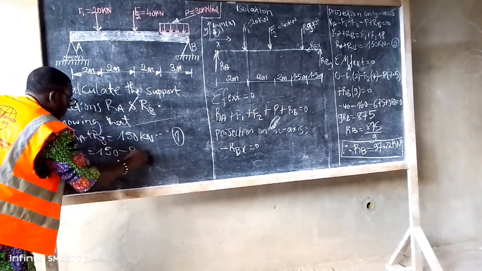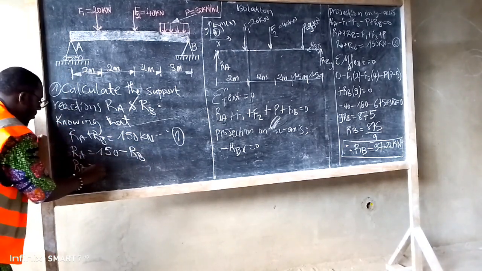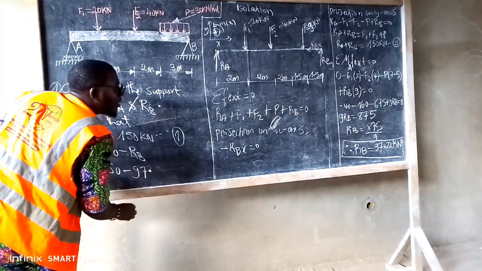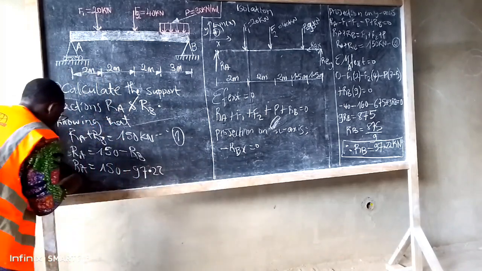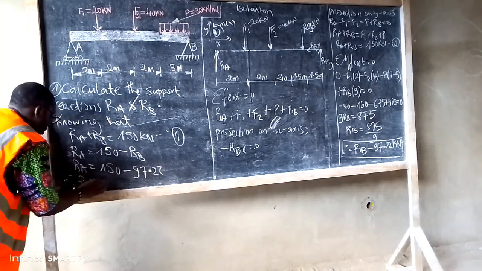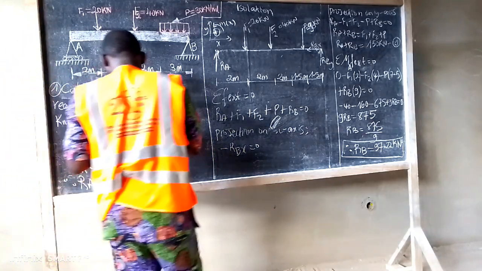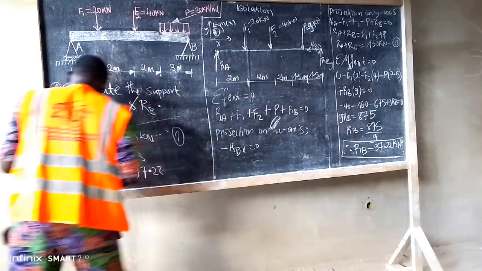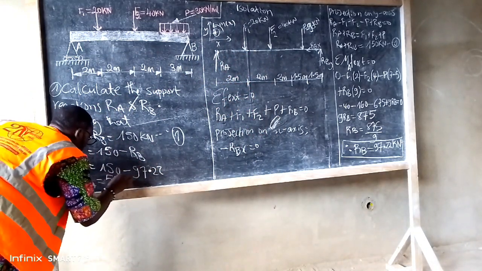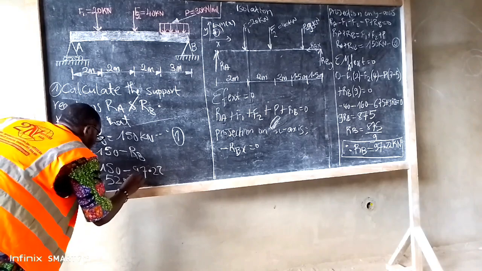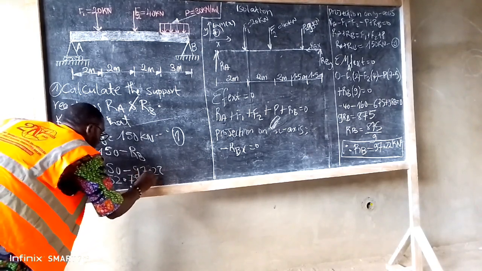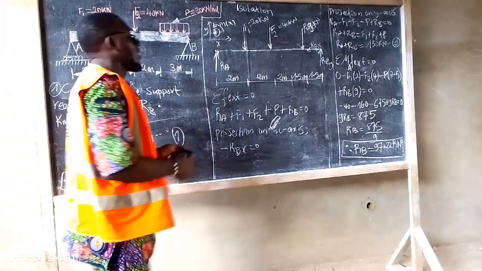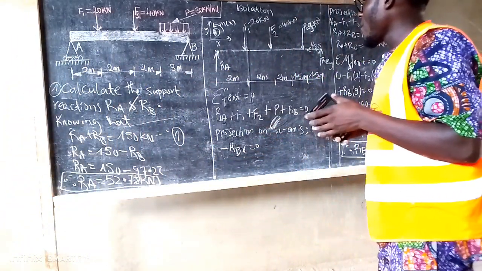Minus arrow B. So arrow A is equal to 150 minus 97.22. We are going to have 52.78 kilonewton. So this is the value for our RA.